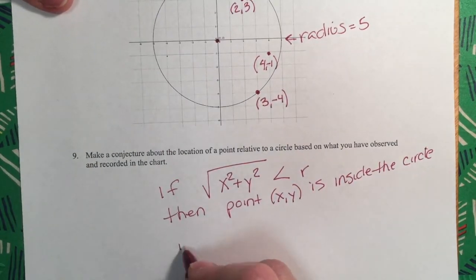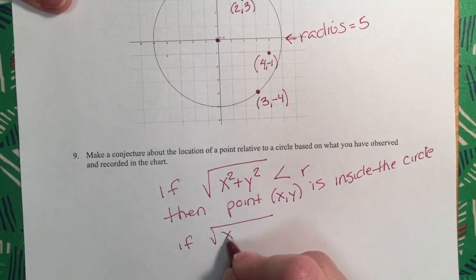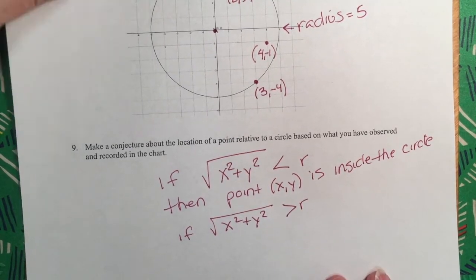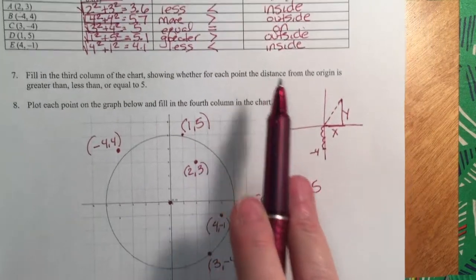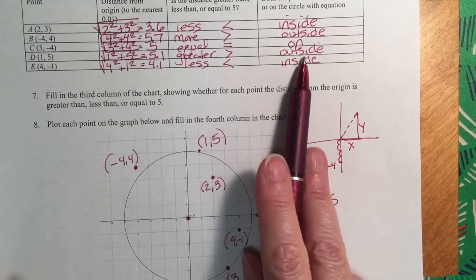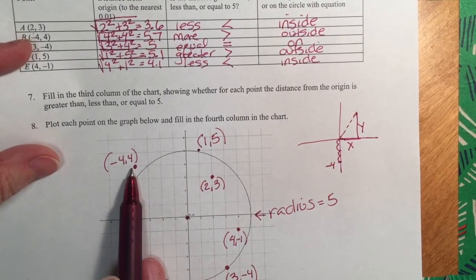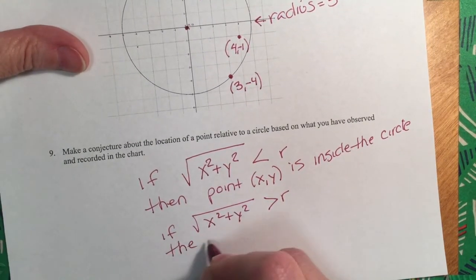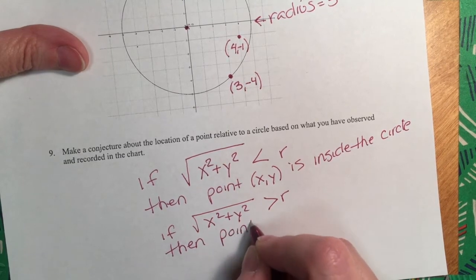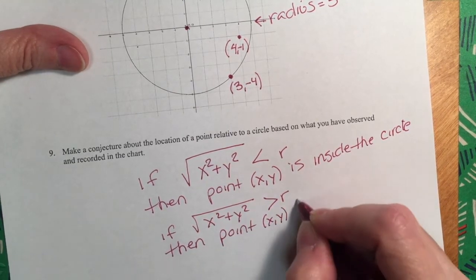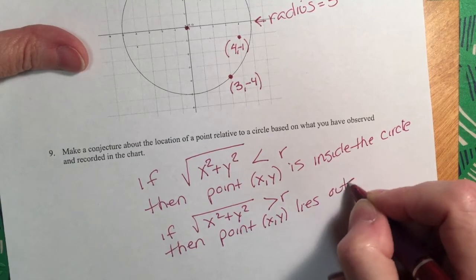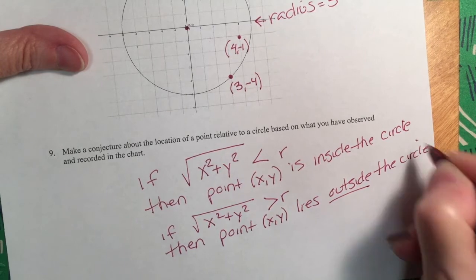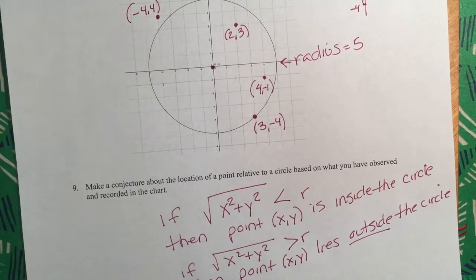So what happens if the square root of x squared plus y squared is greater than the radius? What happened when it was greater than? It was outside. These guys were outside. So in that case, point xy lies outside the circle. And when is the point on the circle itself?